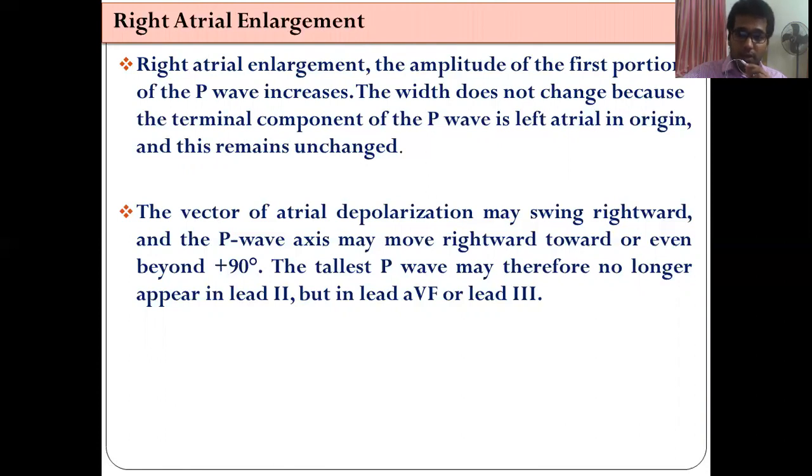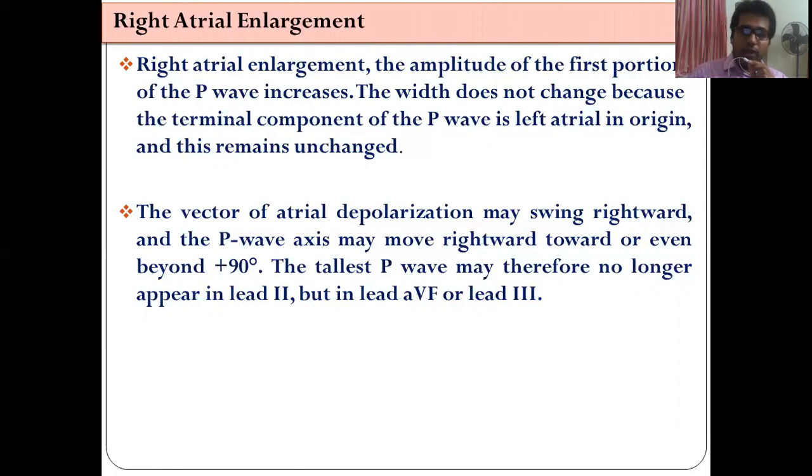As the right atrium becomes hypertrophied or enlarged, the voltage in the initial half of the P wave will increase. The width does not change because the terminal component of the P wave is left atrial in origin, and the left atrium remains normal. So the duration will not be prolonged.